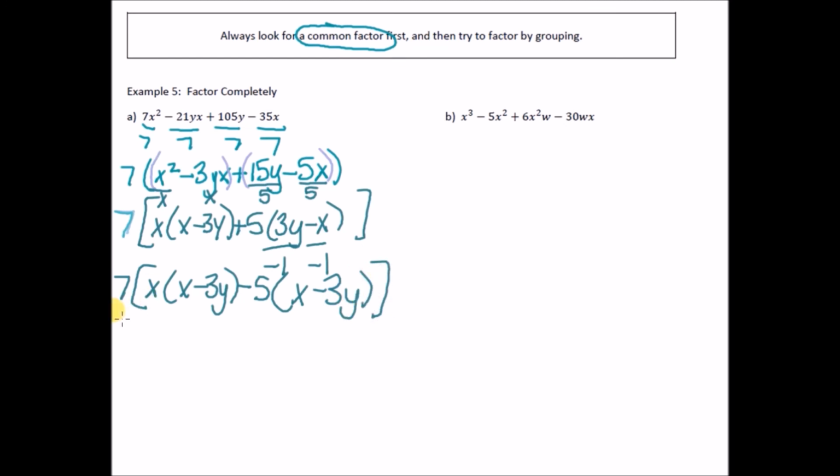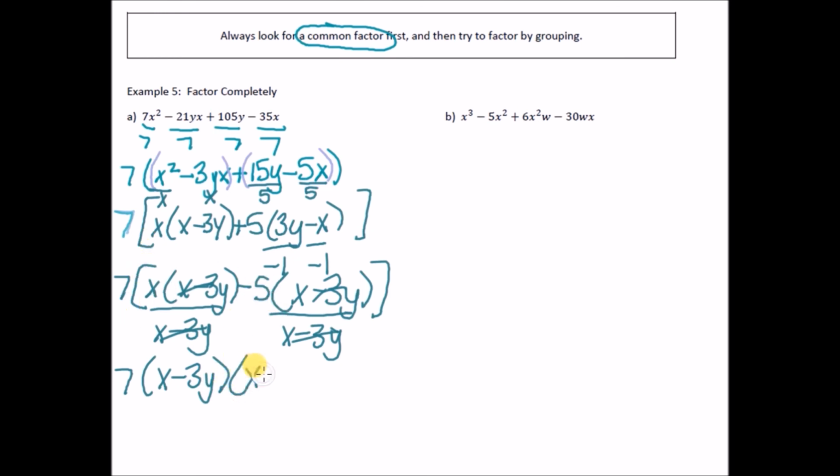We can just rearrange those. Okay, now we have the brackets looking identical. Okay, so let's bring down the 7. And then what we did is we factored out x minus 3y. What's left? x minus 5. And that's it.